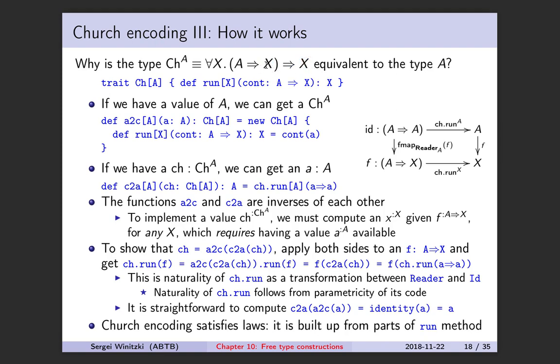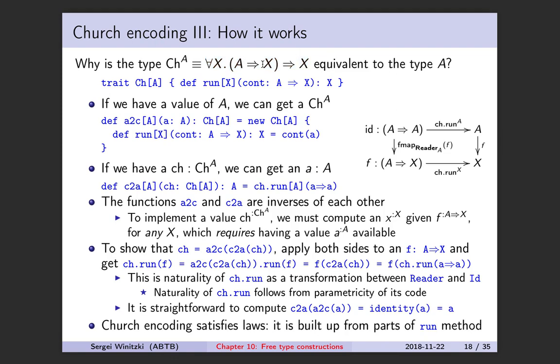So I could not, for example, check whether x is an integer, then use one value of A, and if x is not an integer, then use another value of A. That is not allowed by this type. This type is fully generic in x, and so I am not allowed to use any specific information about what the type x might be. I could not write code like that. I mean, I can write code like this in Scala, of course. But that is not what this type is.